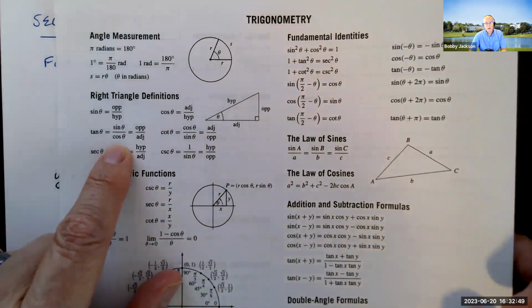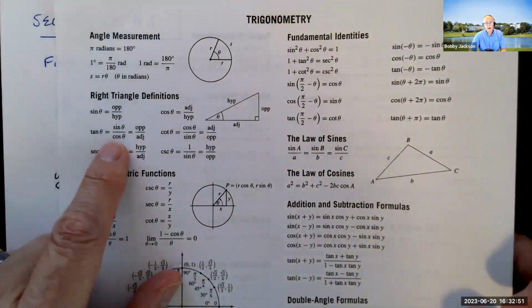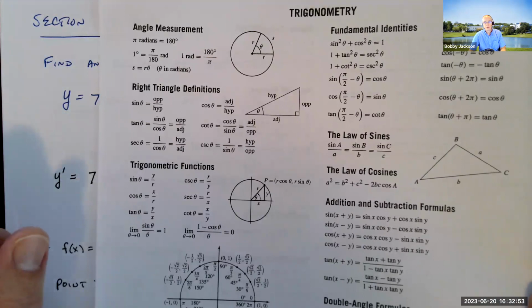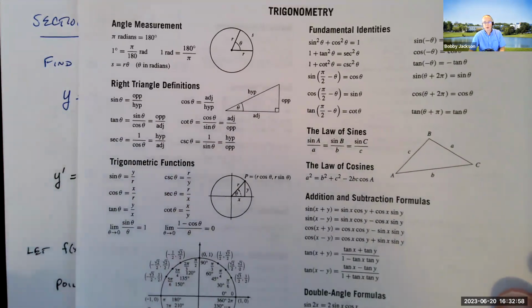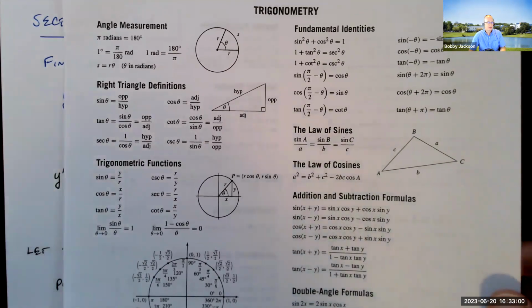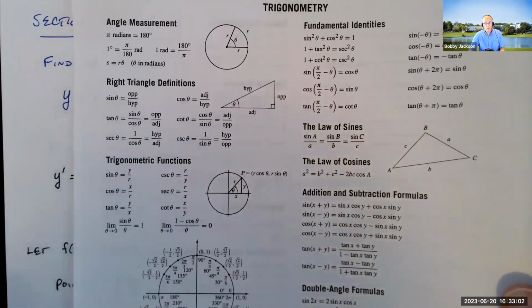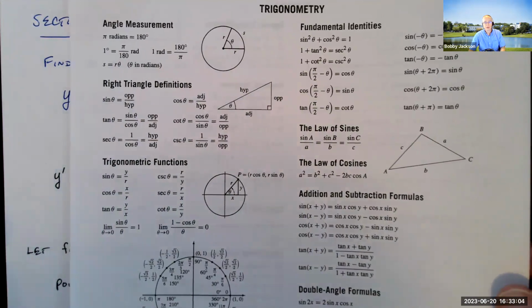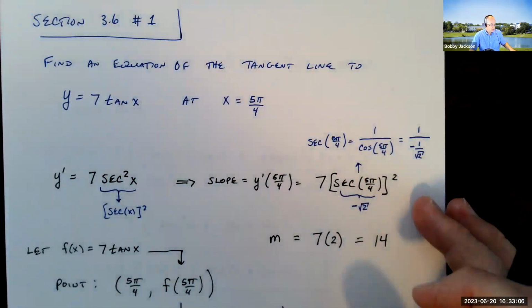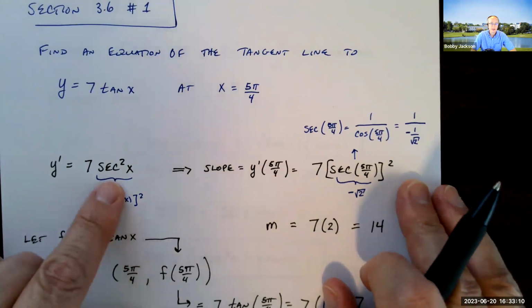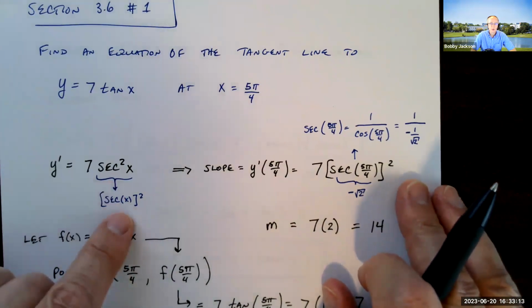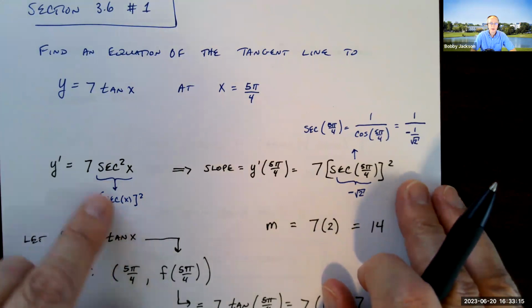And then you can use the quotient rule on this to find the derivative for tangent x. You do have to do a little bit of rewriting, and I show you how to do that, but I would practice doing that in case you forget. I mean, if you want to memorize the derivatives of the 6 trig functions, that's great too, but just make sure that you are able to find that. Remember, when we say secant squared x, that means secant of x quantity squared. Okay, so that's the derivative.